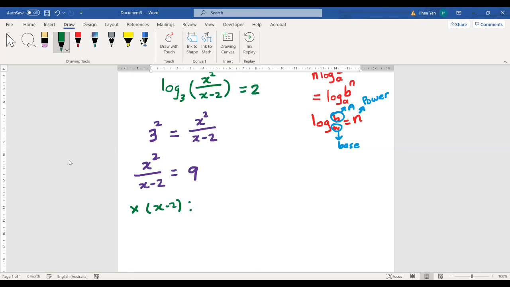When I do that, on my left hand side I only have x squared left because I've cancelled that out, but on my right hand side I've got my x minus 2 there. I'm going to expand that: 9x minus 18.